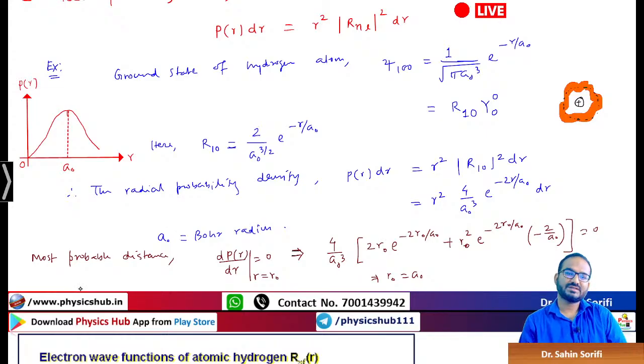Most probable distance means the distance at which you expect the particle, or the electron, to be found most. You can just decode this. That is why we take the Bohr radius, a naught. So it will be mostly remaining at a naught.